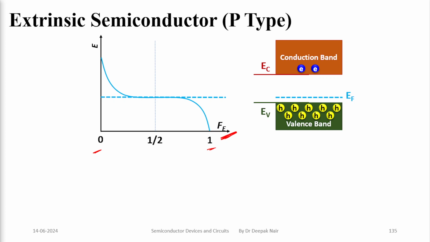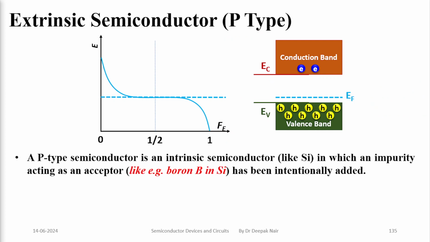The more holes generated, the more the EF, or Fermi energy, will move away from the conduction band, or we can say the EF moves closer to the valence band. So in case of p-type material, the Fermi energy level moves closer to the valence band.